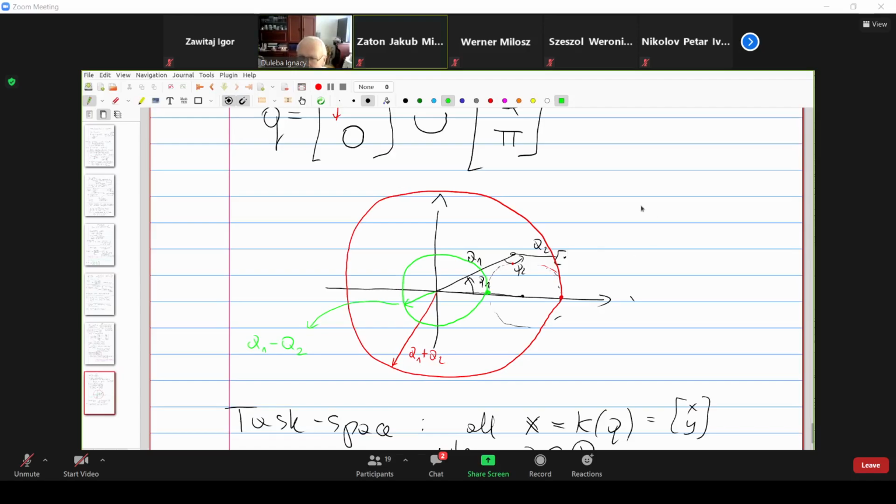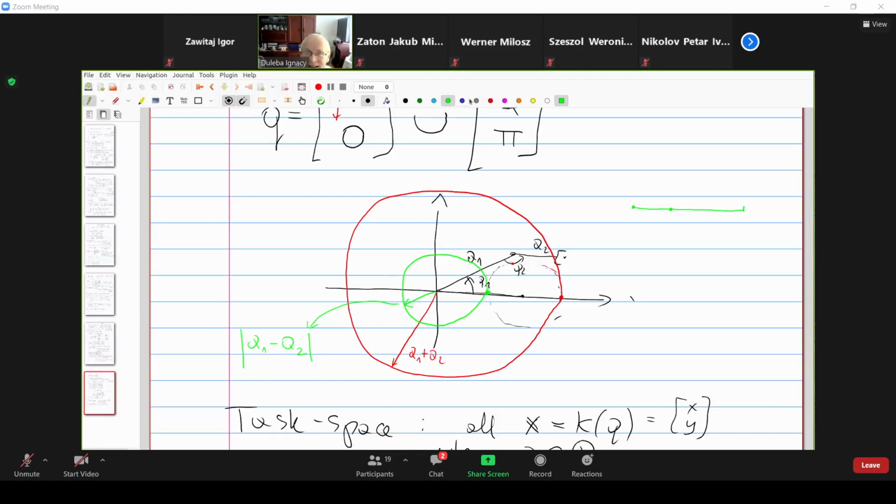So we have a situation like this. The first link is very short and the second is very long. So the answer is the following. We need to take the absolute value of the two values.